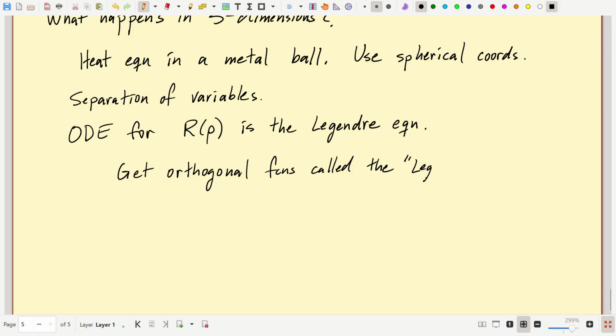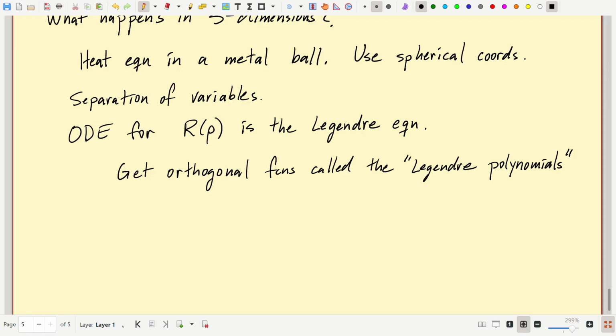They come up all over the place in physics and engineering. So Bessel functions are not polynomials, but the Legendre things are polynomials.